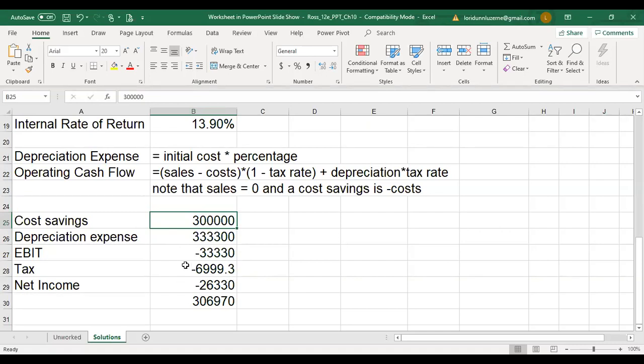So our actual loss will be $26,333. So if you took the negative minus this minus 7,000, you would automatically, just from a mathematical standpoint, get the 26,330.